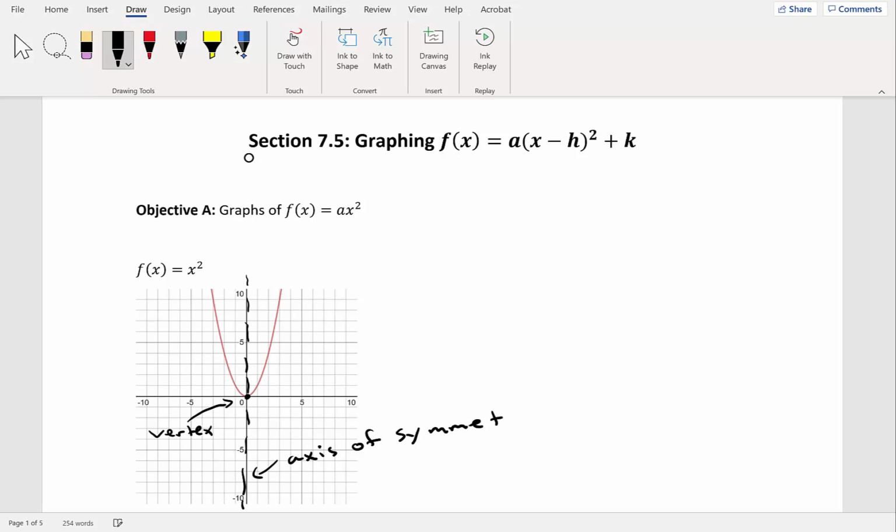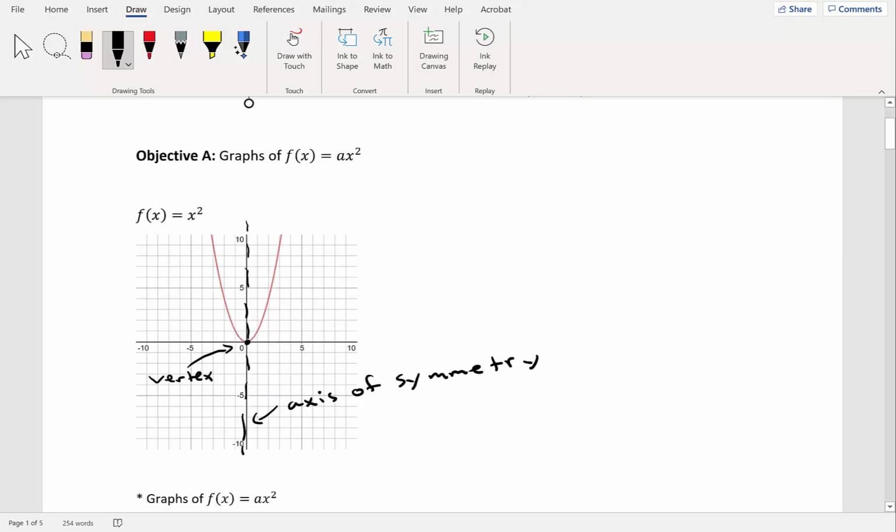What that means is if you flip the graph about that line, you'll end up with the same graph. Now, the equation for the axis of symmetry, since this is a vertical line, would be the equation x equals 0. However, that could change depending on the function that we have. And we'll take a look at some of those types of problems.